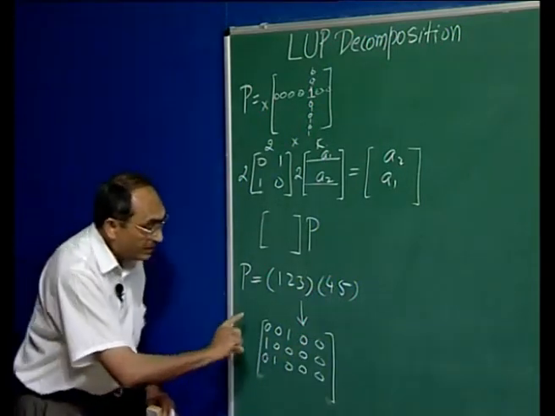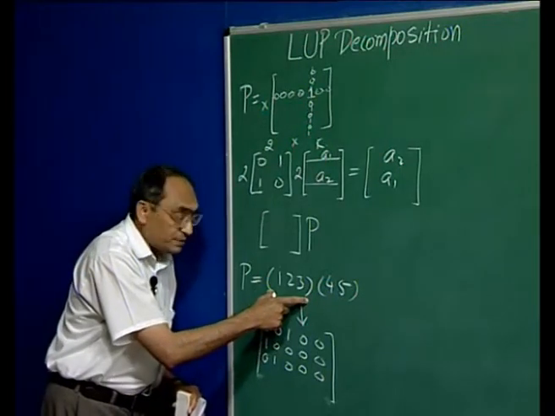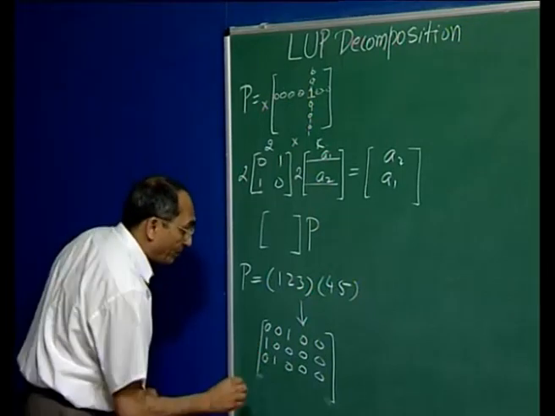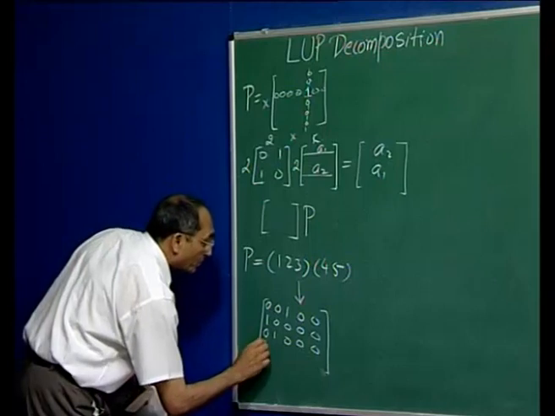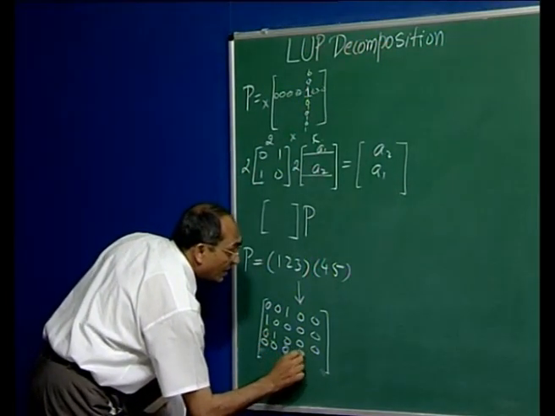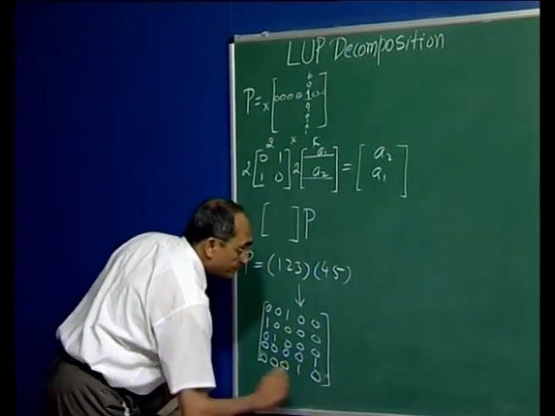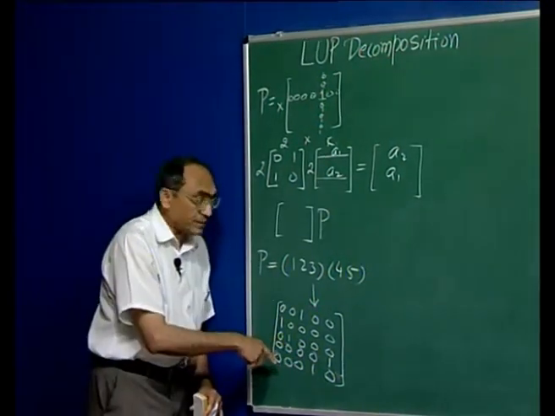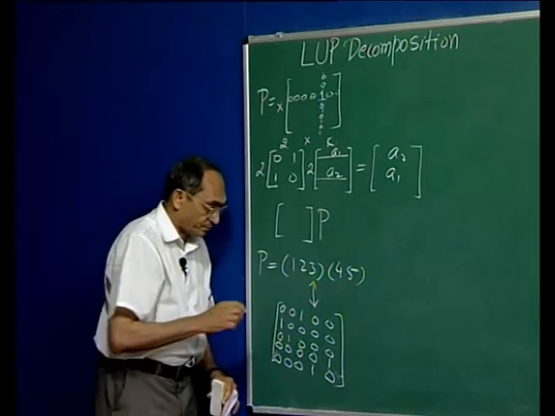Notice that these three rows effectively achieve this permutation. The fourth should go to the fifth place and the fifth to the fourth. So it is easy to construct such a permutation matrix from this, and similarly one can go backwards.